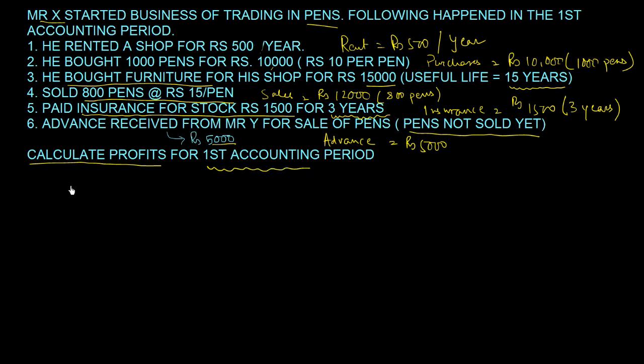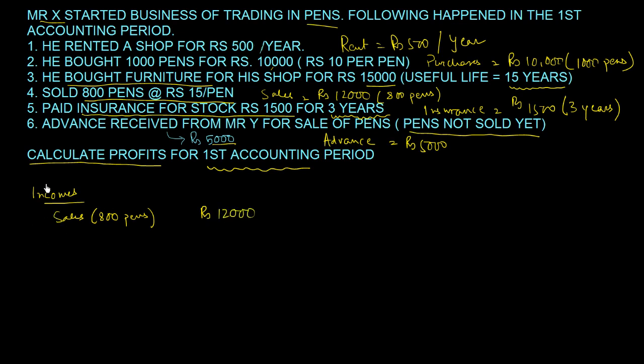Let us first calculate the profits as a lame accountant, an accountant who does not know the matching and accrual concept of accounting. So we know profits are incomes over expenses. Let us first list the incomes. First income would obviously be the sales, 800 pens, rupees 12,000.